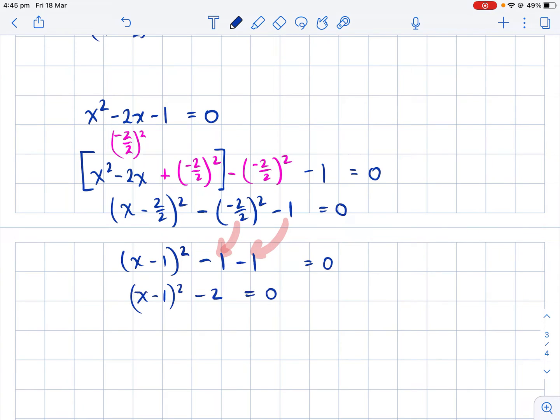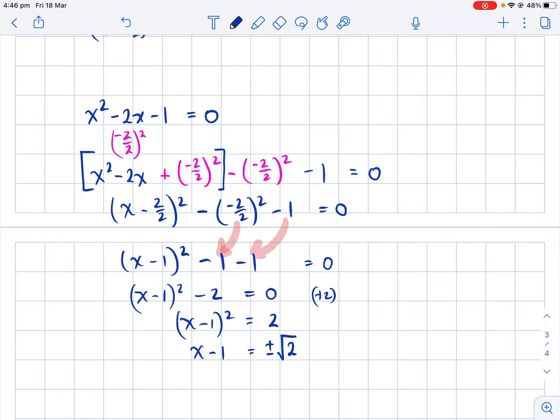Now we've completed the square, we can solve this equation. And what I'm going to do to solve this equation is I'm first going to add 2 to both sides, which makes it x minus 1 all squared equal to 2. I'm then going to take the square root of both sides. And remember, when I'm solving equations and take a square root, I get a plus and a minus as my answer.